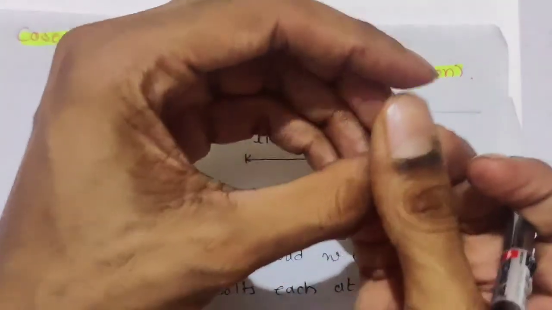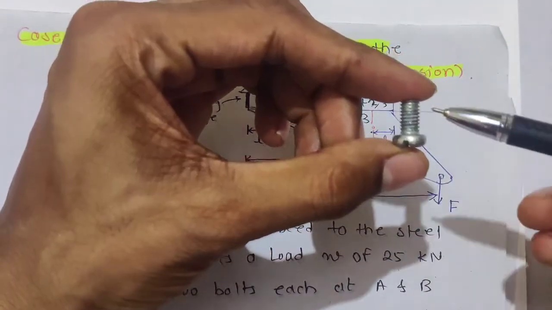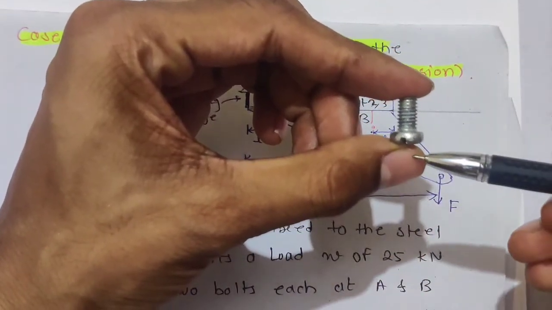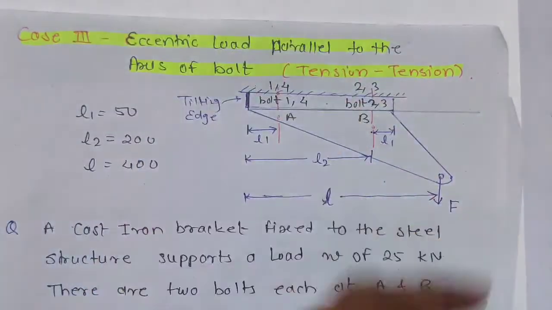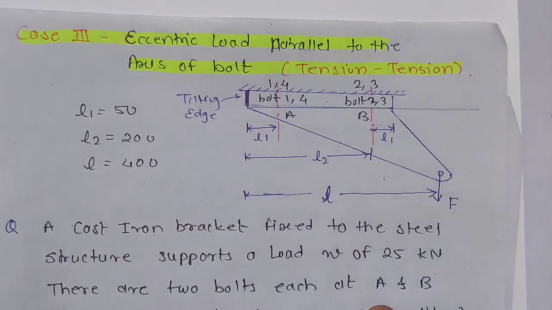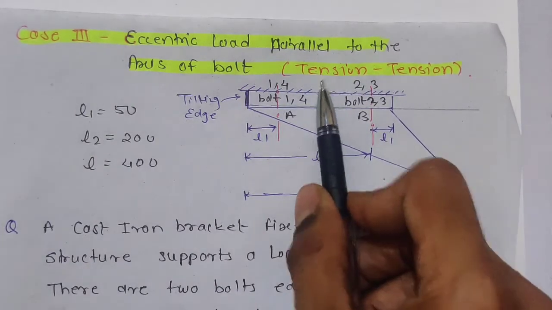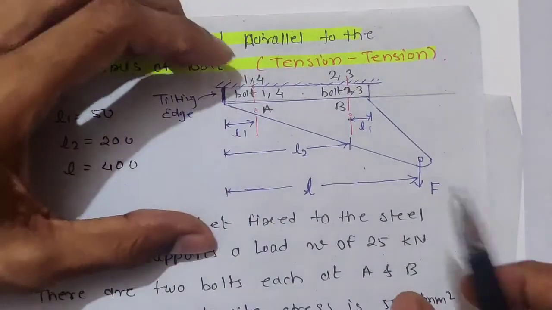Like if the axis is like this, and the load is acting along the axis, then we will call it pull force, that is tension. So direct stress is tension over here. In the last two cases it was direct shear, but now we are having tension. And second, it is bending like this.